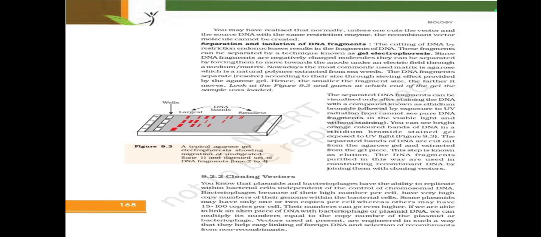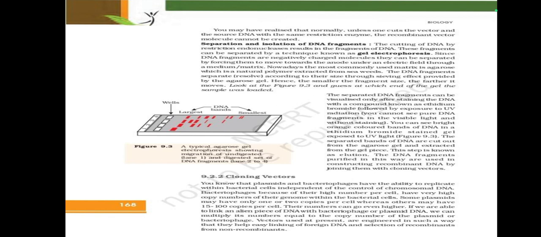The DNA fragments resolve according to their size through the sieving effect provided by the agarose gel. Hence the smaller the fragment size, the further it moves. Look at Figure 9.3 and guess at which end of the gel the sample was loaded.